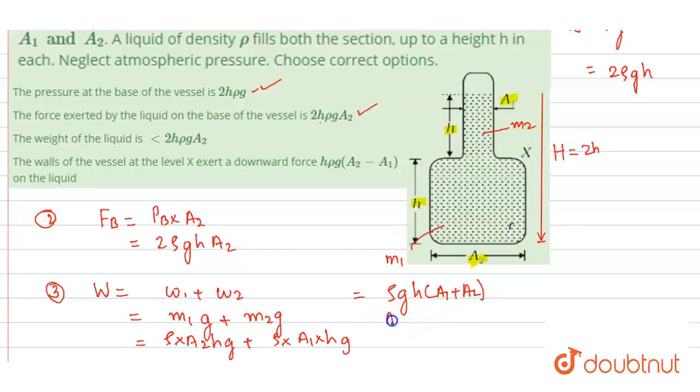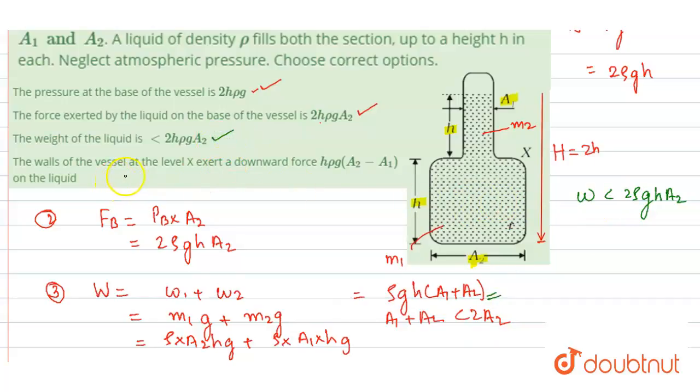Now you can see that A1 plus A2 is less than 2 times A2, right? We can very clearly see that A1 is less than A2. So A1 plus A2 will be clearly less than 2A2, which simply means that the total weight of the liquid will be less than 2 times rho g h A2, because the total weight is rho g h times A1 plus A2. Since A1 plus A2 is less than 2 times A2, the total weight of the liquid here is simply less than this. So this is also correct.